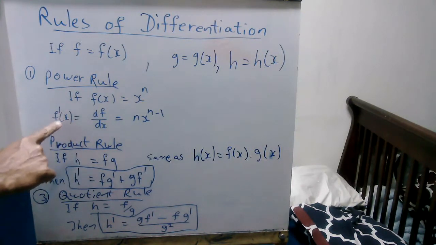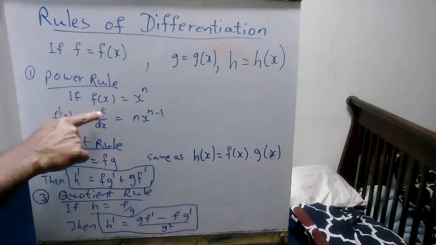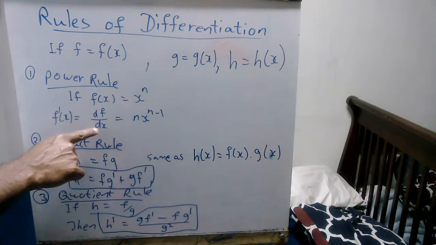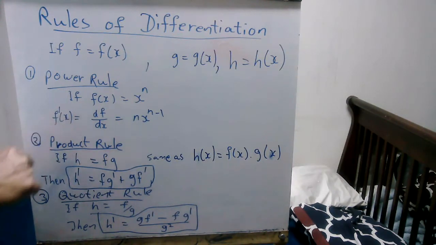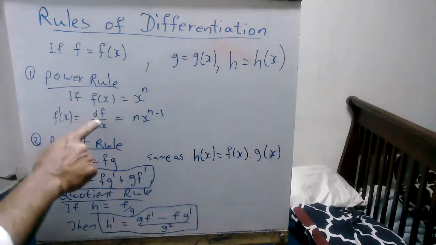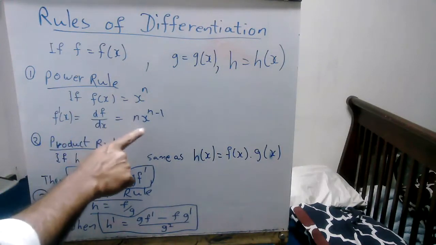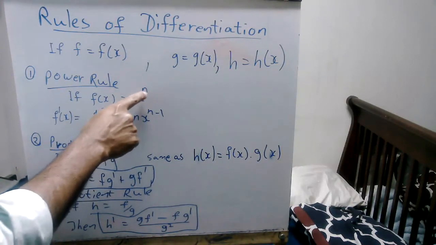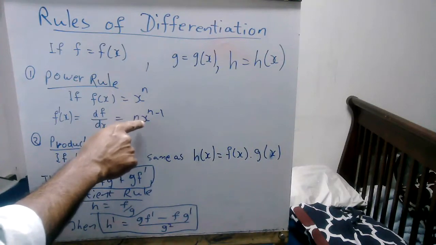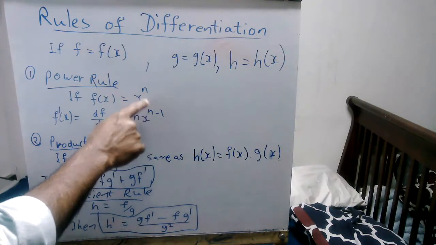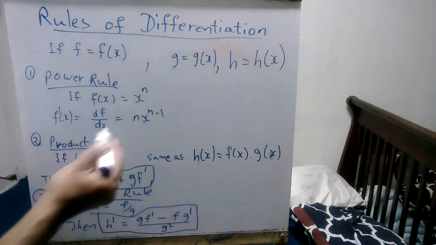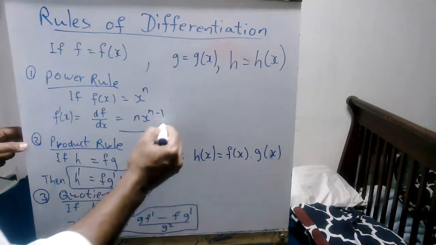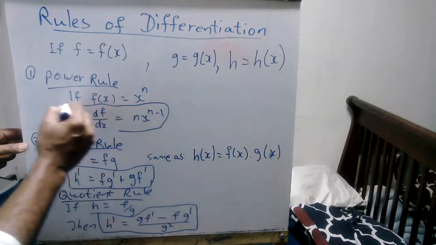We can write it as df/dx, or we can write it as f prime, sometimes called f dash x. The derivative of f is equal to n, the power comes to the front, times x to the power n minus 1. That's the power rule.